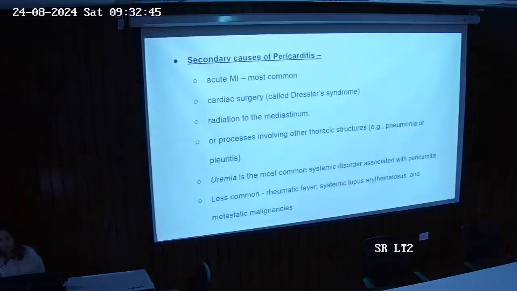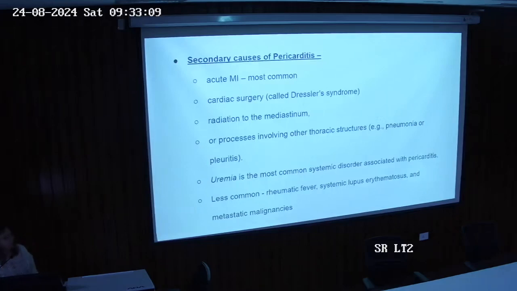Secondary causes are more common. Like you must have heard in the previous classes, acute MI का एक complication है pericarditis. Okay, so acute MI is the most common cause of pericarditis. Cardiac surgery, that syndrome is called Dressler syndrome, where the pericarditis occurs after cardiac surgery.